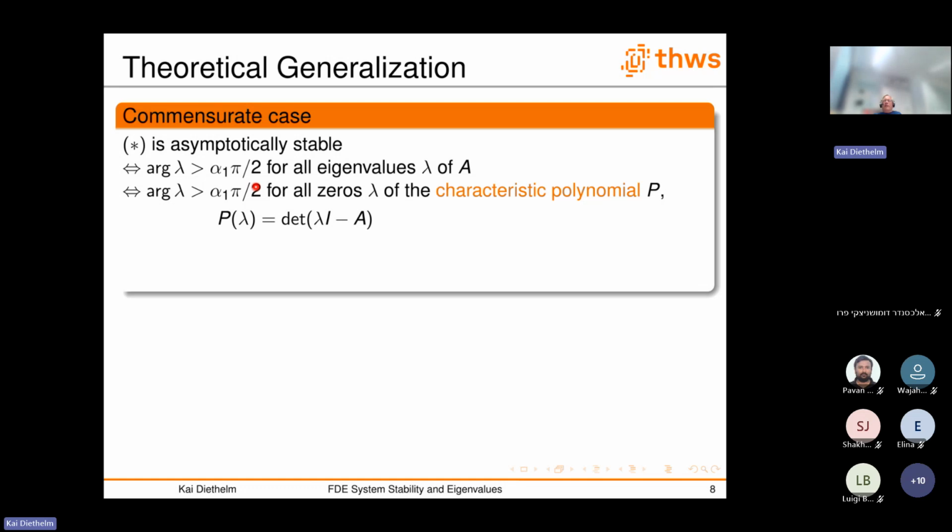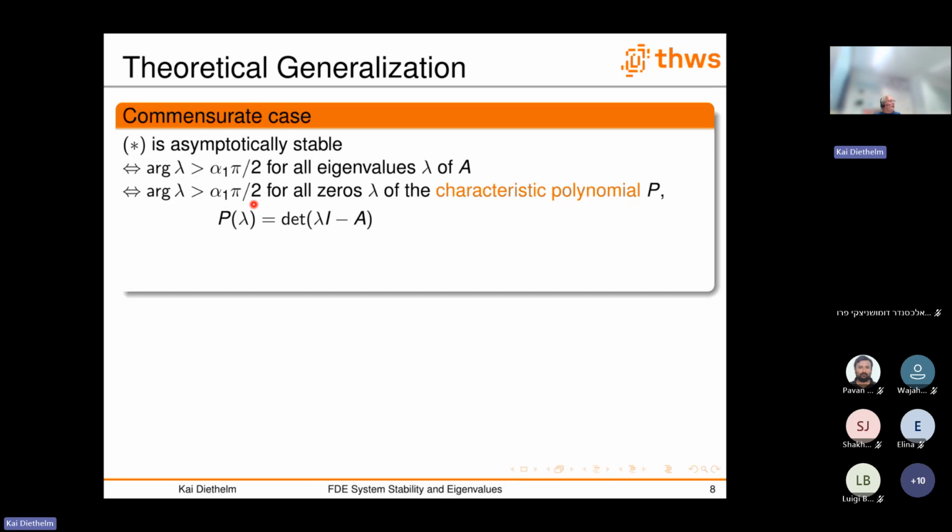And there are multiple ways of expressing this differently, and that is convenient for our generalization that we are now looking for. So first of all, you can say this is equivalent to saying all zeros of the characteristic polynomial of the matrix are located in this region of the complex plane, have an argument whose absolute value is bigger than alpha 1 times pi over 2.